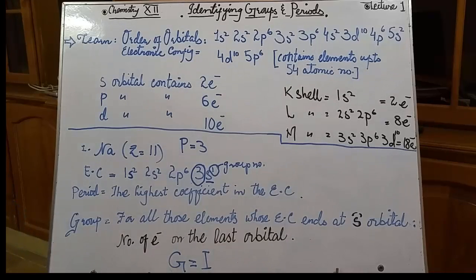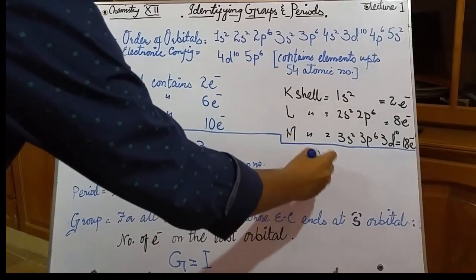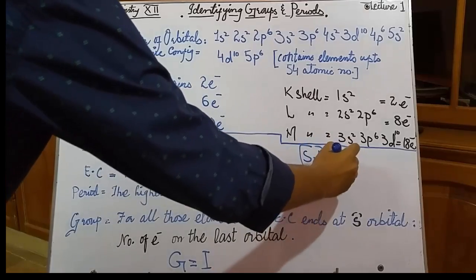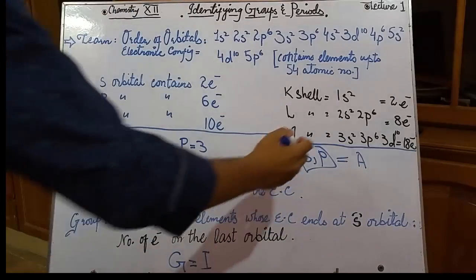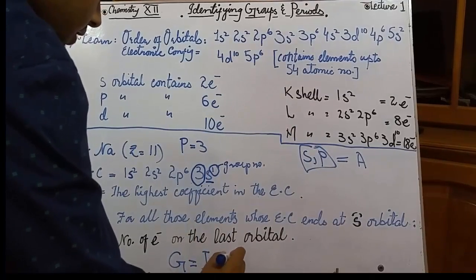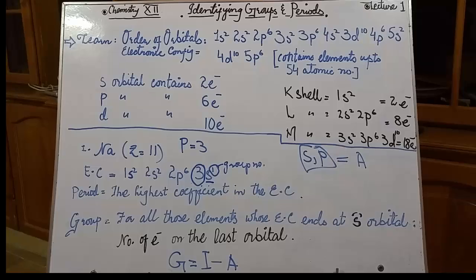But we have to understand whether we write 1A or 1B. Remember, for S and P, we will write A. So our group will be 1A. Now guys, if you are wondering where this A comes from, this A represents that it is a representative element. Sodium is a representative element, and B represents a transition element. You have already seen groups 1A, 1B, 2A, 2B.